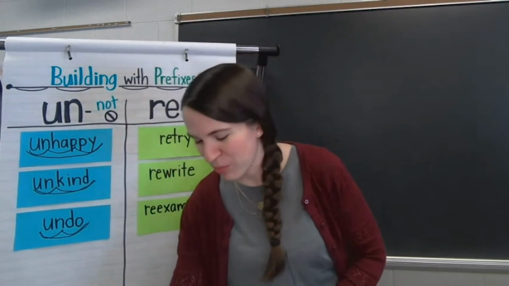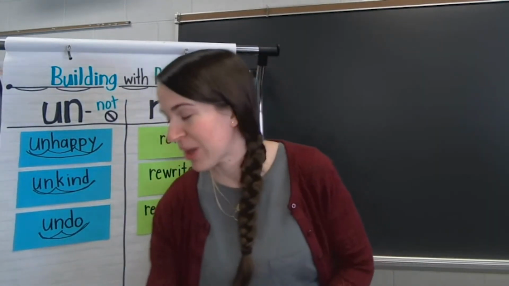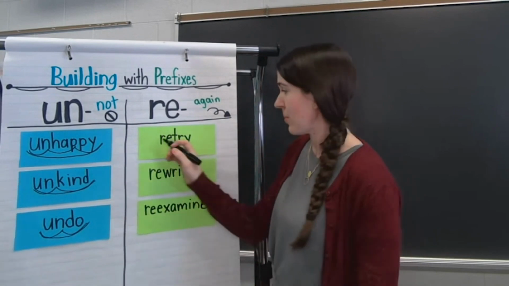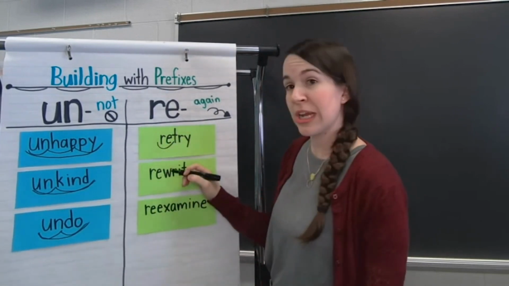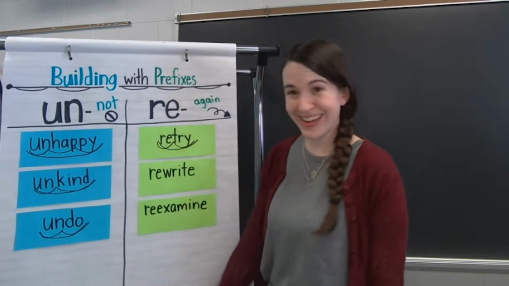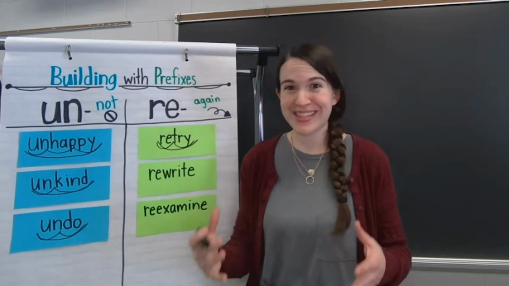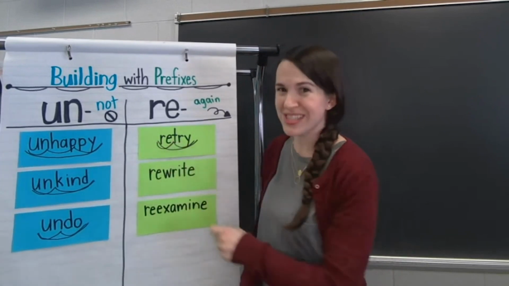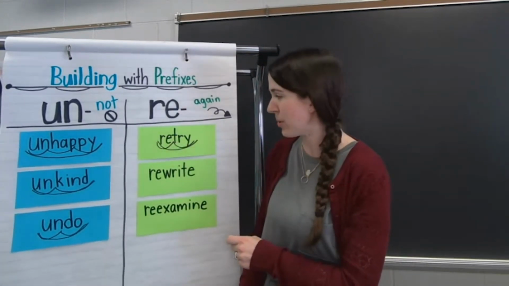Let's move on to some words with the re prefix. Remember that re means again. Here we go. Retry. Did you notice once again how each prefix is its own syllable? You can see by the way we looped each syllable.